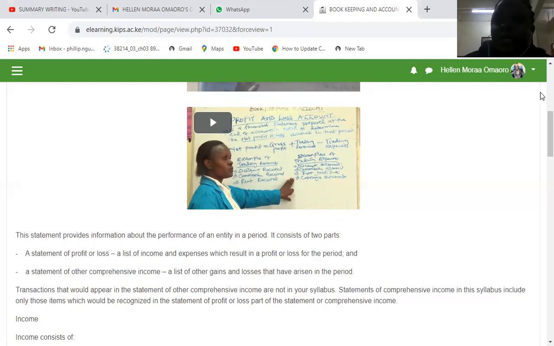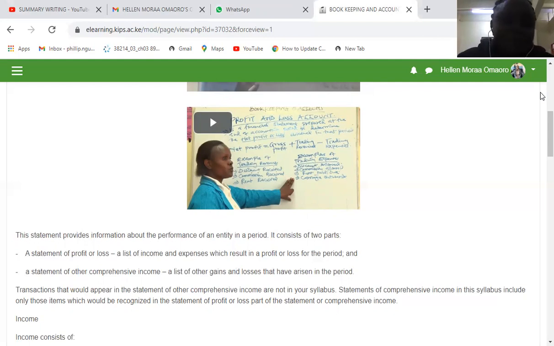Also, we deduct the return outwards. So it is purchases plus carriage inwards minus return outwards.